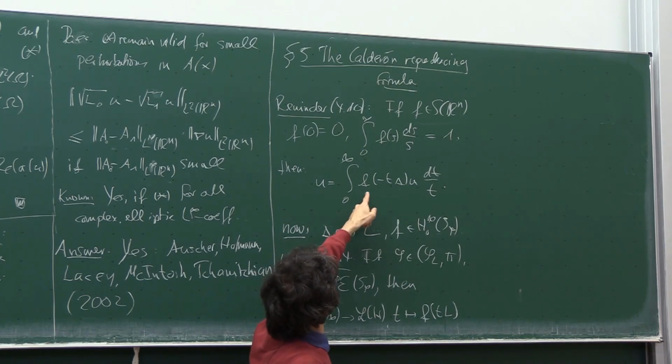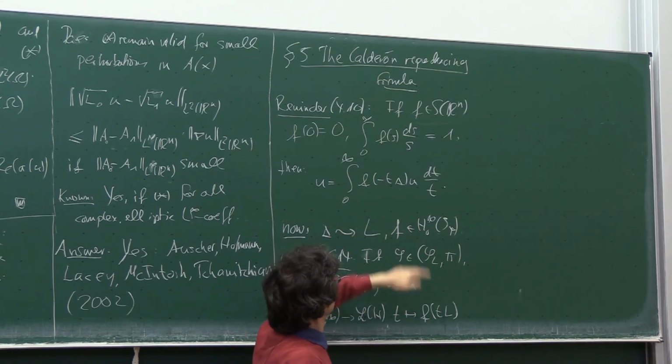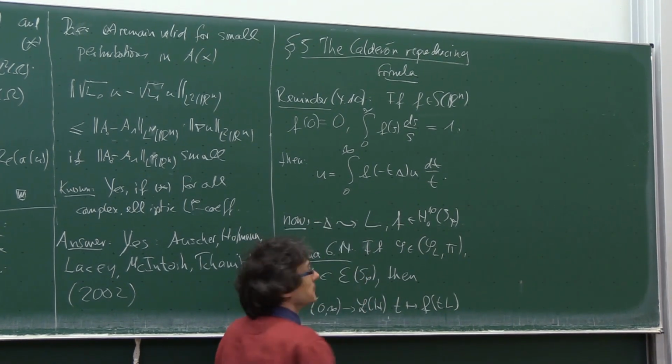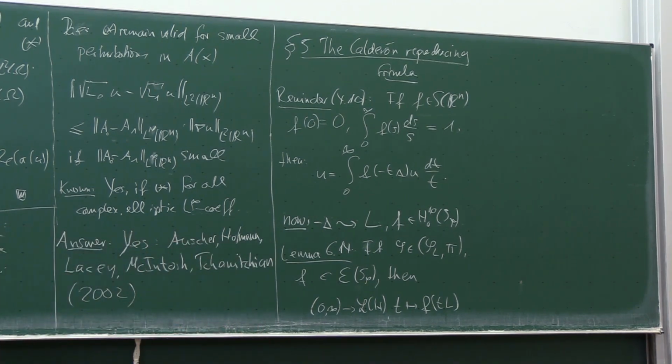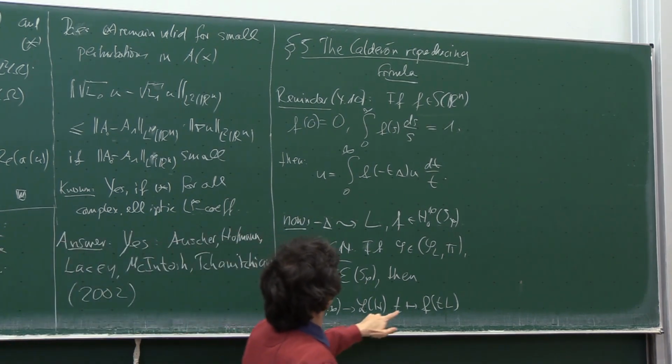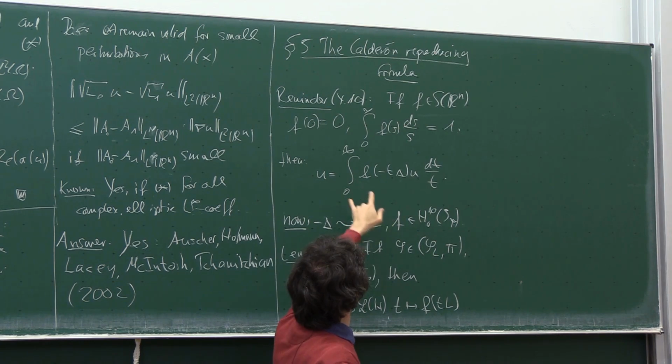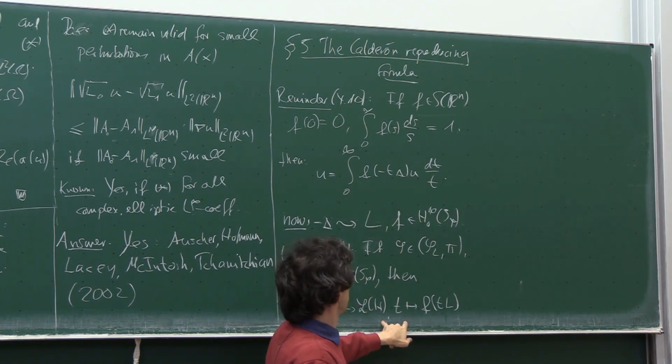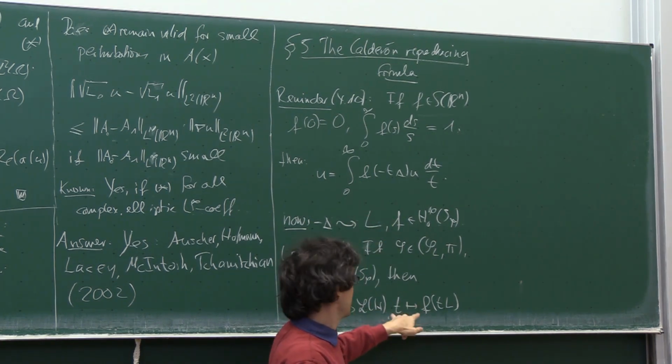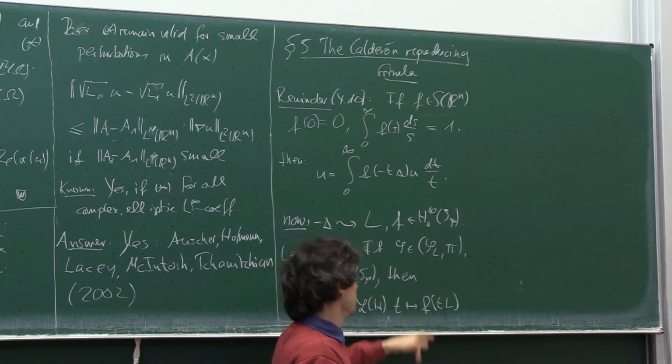Remember, this is for the operator minus Laplace. So L replaces minus Laplace, and so this is the function that we have to make sure that we can do integrals with. So we first have to show that this is continuous, stuff like that.